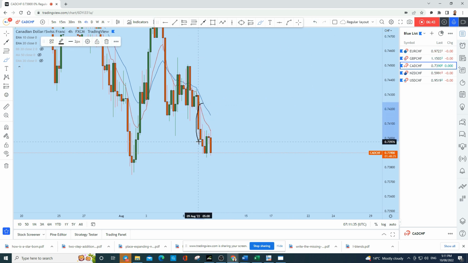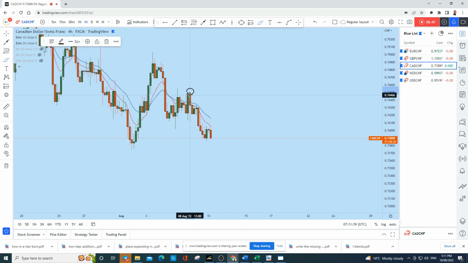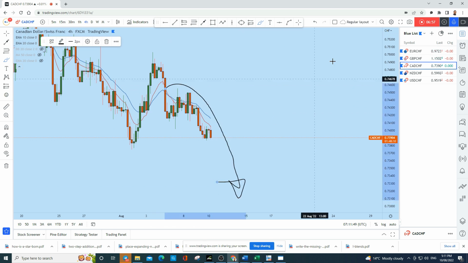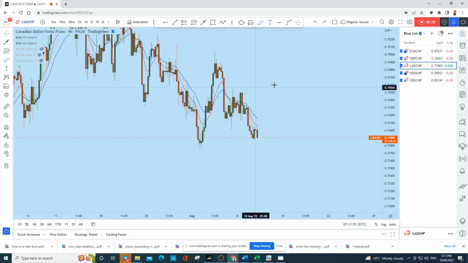Now why? Because in this 4 hour time frame we see a nice looking head and shoulder. This is the head, left shoulder, right shoulder, and this head and shoulder has formed in an angular fashion. It's bearish price action, strong momentum to the downside with a head and shoulder, and then a breakout from this head and shoulder with this big bearish candle.